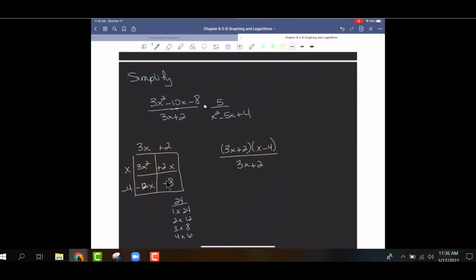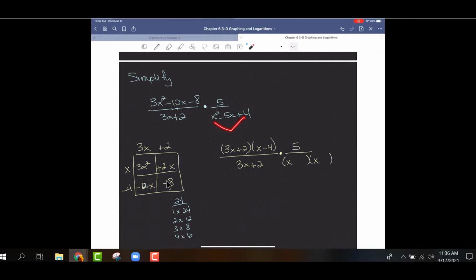And I'm going to leave everything before I cancel anything out, right? Times my second fraction. I can't do anything with the 5, so I'm going to leave the 5. And then I'm going to try and factor this one and see if it's factorable. So I'm going to write these as my two factors. In order to get x squared, I have x times x.